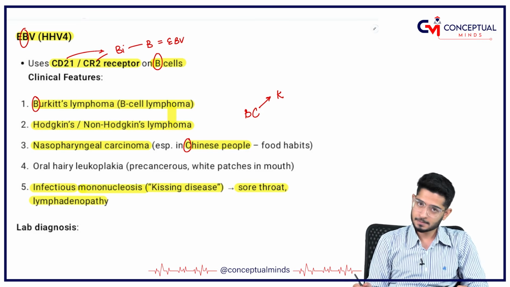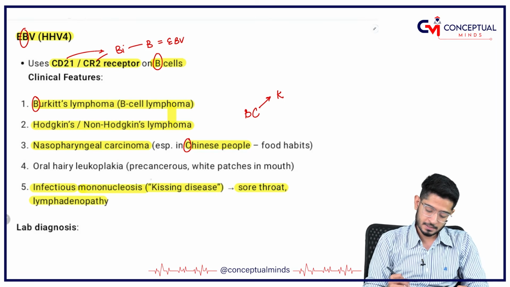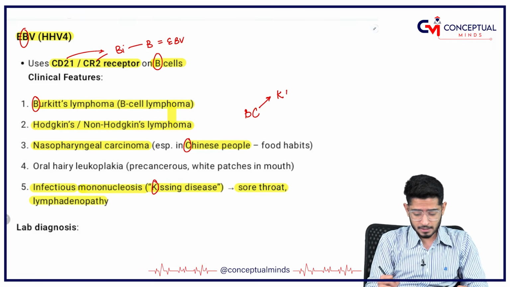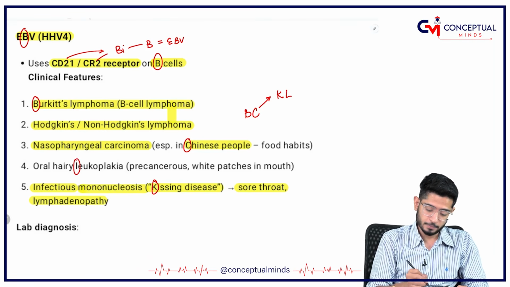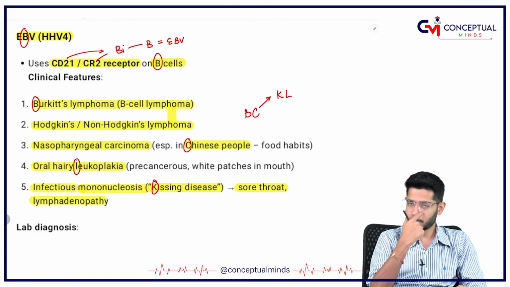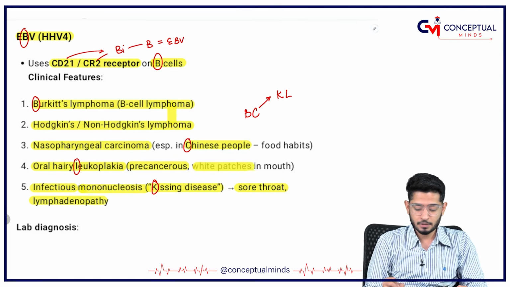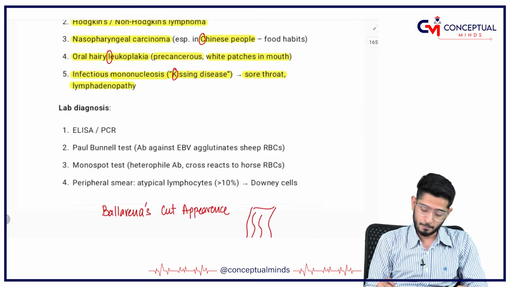And in the mouth, because K is coming, the letter close to K is L. So, L for leukoplakia: oral hairy leukoplakia. There will be a white patch, I will show you in the diagram. This is a precancerous lesion where you have a white patch in the mouth.